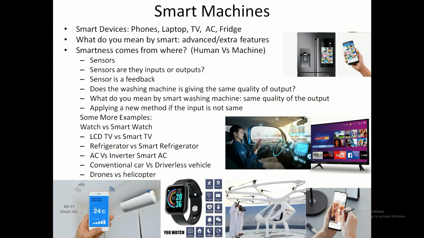But then there are certain features where you are paying a huge amount. A mobile is costing you 900 rupees, but a smart mobile phone starts from, let's say, 3000 to a lakh of rupees.